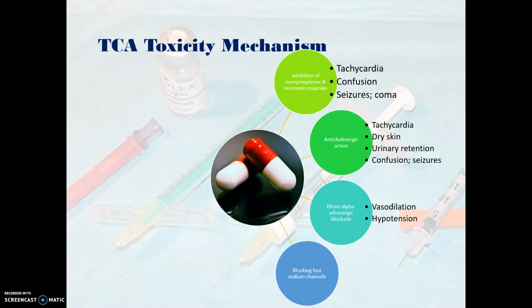And they can also block fast sodium channels, leading to wide QRS complex, membrane stabilization, and ventricular excitability. So you can see that the toxic effects of tricyclics are very closely related to the mechanisms of action of the drug. Again, this is something that does come up in your exam.